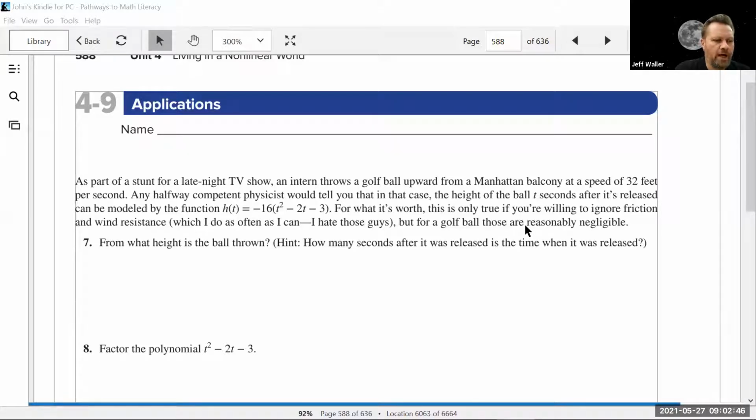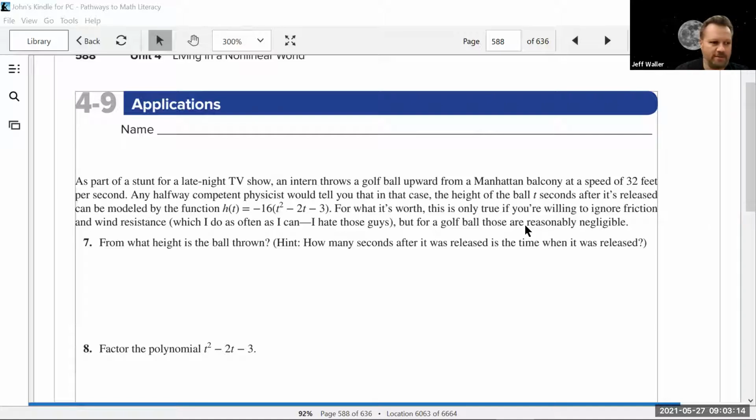So how much time would have passed right before it's thrown? It's not a very deep question. If T is the number of seconds after it's released, what is the value of T right before it's released? It's not a trick question. 0.